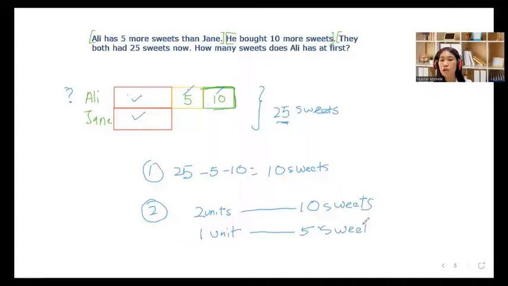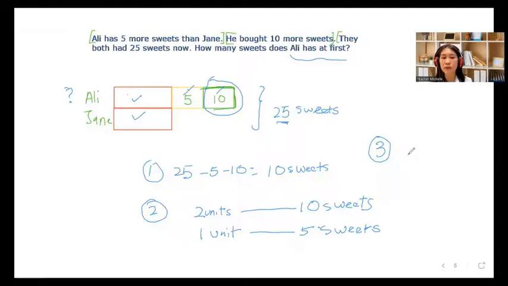So the question asks, how many does Ali have at first? At first means I shouldn't be including this 10. That's my step 3. I shouldn't be including this 10, correct? Because this 10 is what Ali bought later on.